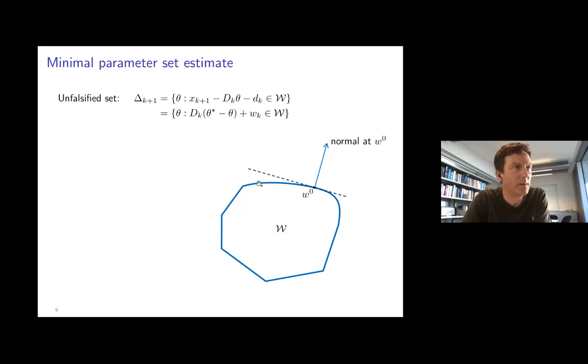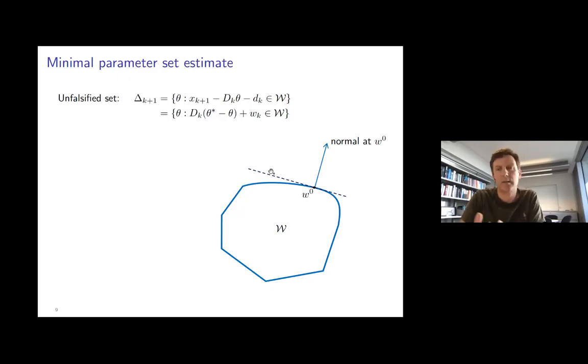And just very briefly, the way that this analysis works is that if we have a realization of the disturbance which lies on the boundary of the disturbance set, then we can immediately define a hyperplane which passes through the boundary, or is tangent to the boundary at the value of the disturbance, such that whenever this vector lies on this side of the hyperplane, we can exclude all the corresponding values of theta from belonging to the actual parameter set.